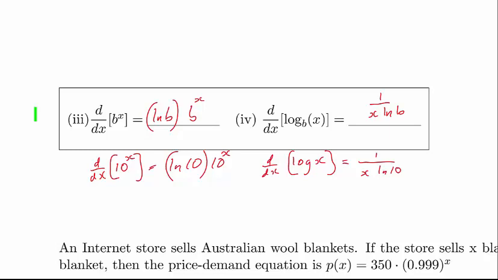So like I said, other than the natural log or e, 10 is probably the most common number you'll be using, but keep in mind this applies across the board for any base that you're working with as well.